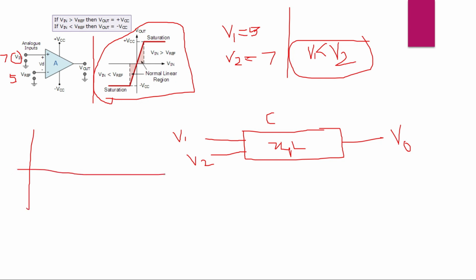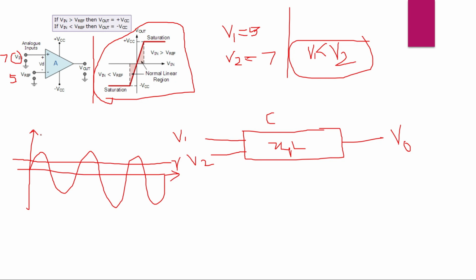Let us consider it here itself. I will take a sinusoidal wave. To compare, we will take one as a reference voltage and one as the usual voltage. So you can clearly see this is my reference voltage and this is my input voltage.